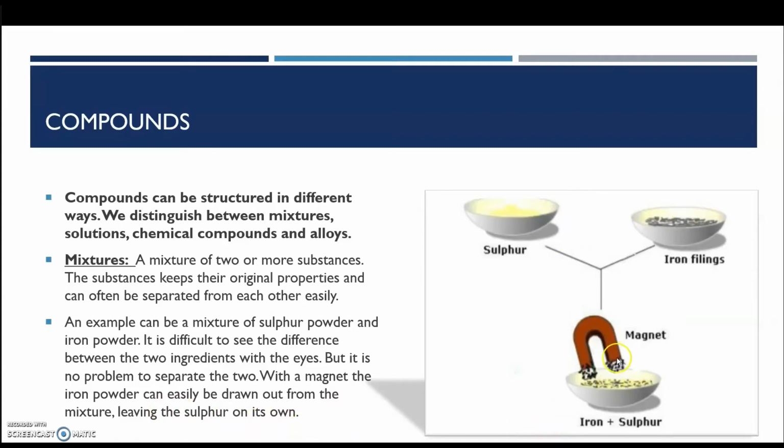And here you see an example of a mixture of sulfur powder and iron powder. It is difficult to see the difference between the two ingredients with the eyes, but it is no problem to separate the two. With a magnet, the iron powder can easily be drawn out from the mixture, leaving the sulfur on its own.